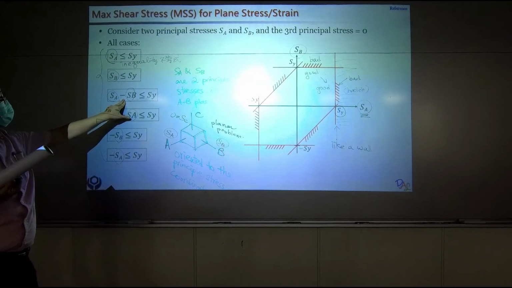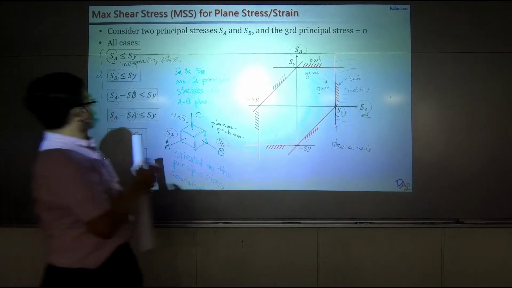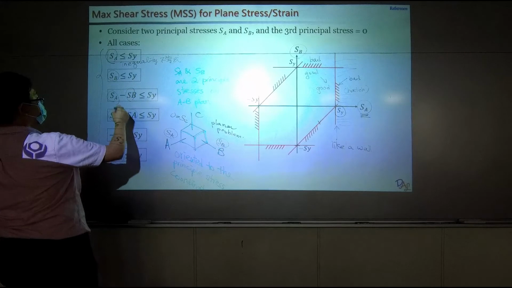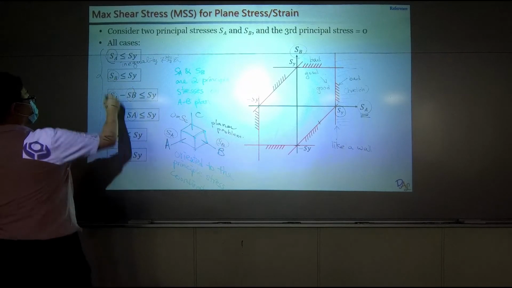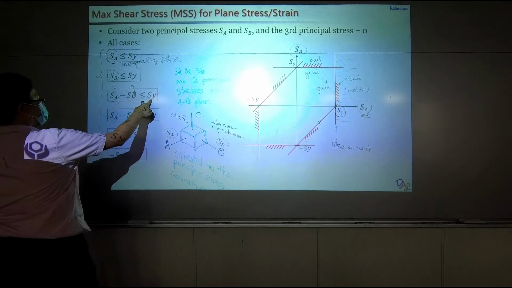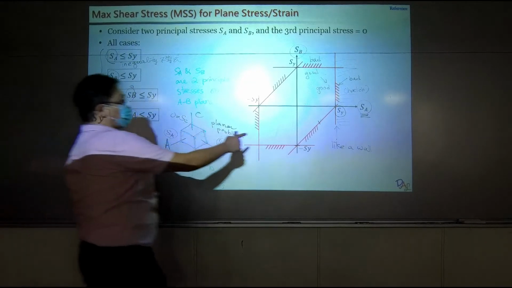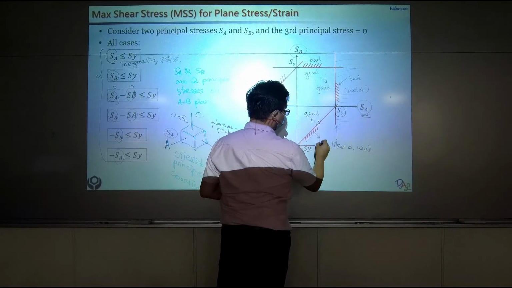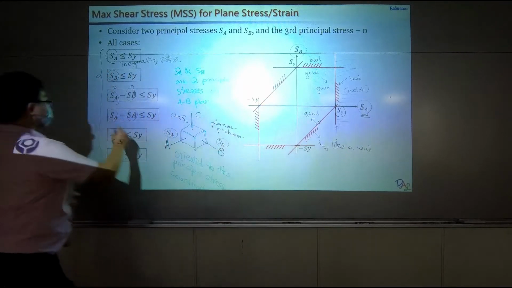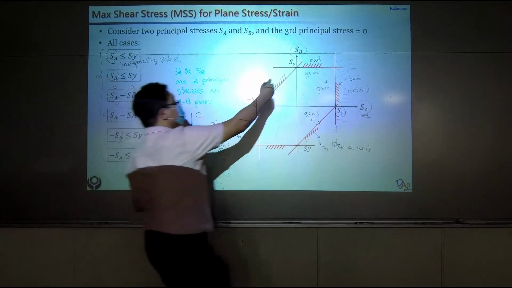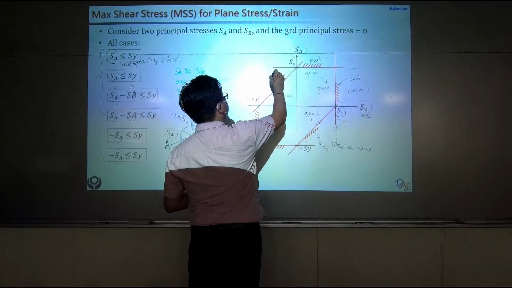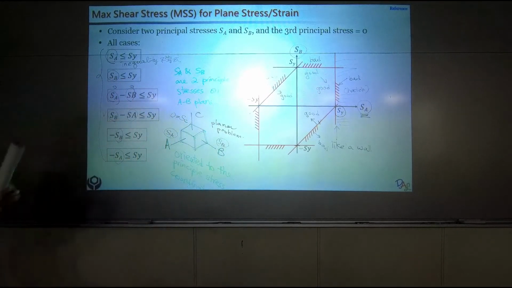This one is greater than. So this one should be this one. How do I know? If you plug in 0 and 0 into this equation, it's definitely smaller than this. So that means this side is good, this side is bad. And the other equation right here is this one. And similarly, this side is good, this side is bad. And we did the same thing for these two.